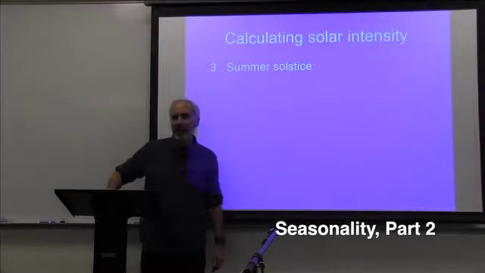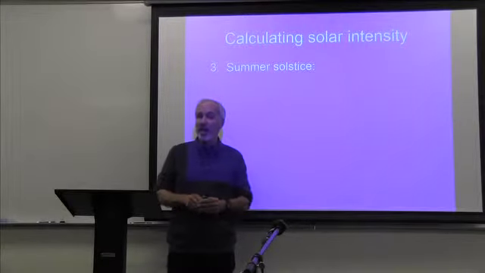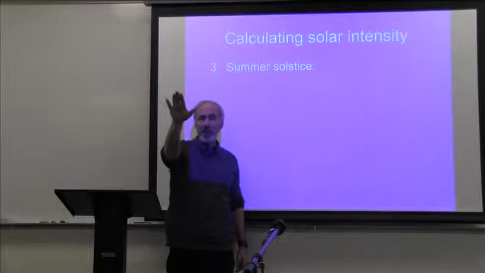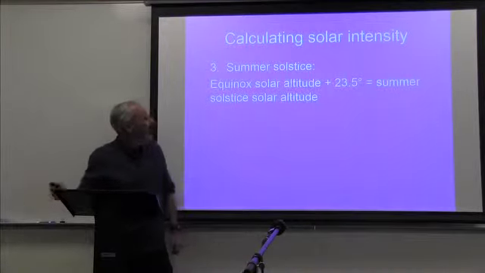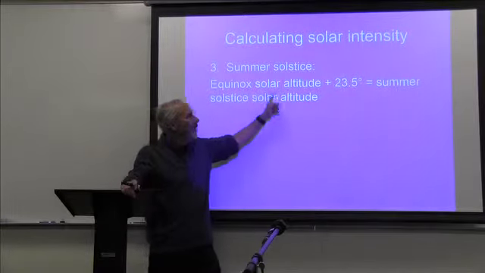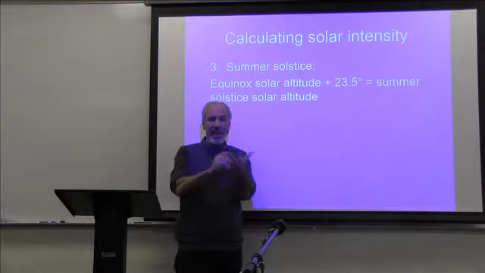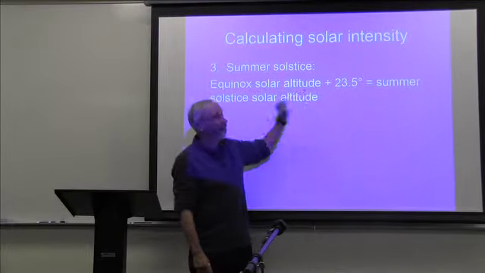Summer solstice. That's coming up 3 months from now, okay? That's going to be when the Earth is fully tilted, the northern hemisphere is fully tilted 23.5 degrees toward the sun, all right? And that's also very easy to figure out. You take your equinox solar altitude, which we already determined for Prescott, 90 minus our latitude, 35 degrees, equals 55 degrees.